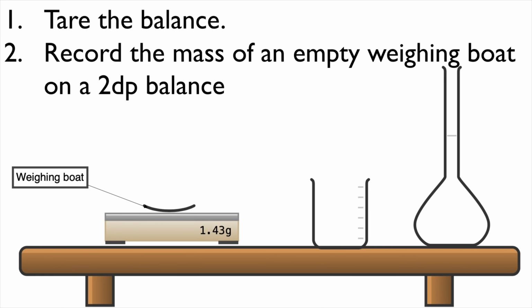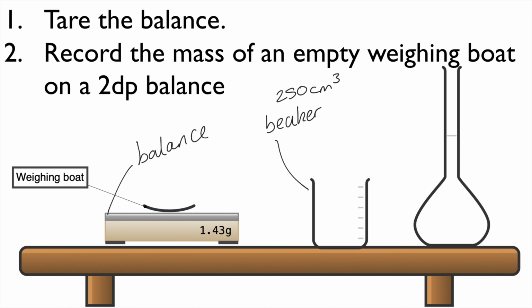Okay, so first of all you need to gather your equipment. Most of the equipment is shown here, so you need a balance, you will need a beaker. The beaker size you use will depend on the size of standard solution, but probably about a 250 centimeter cubed beaker. You'll need a volumetric flask.